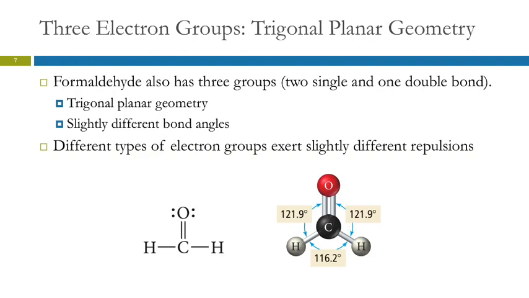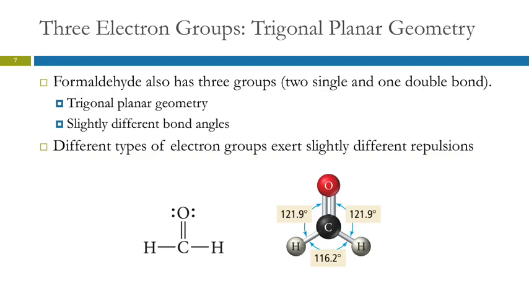It's bigger, bulkier, it takes up more space. So you can kind of imagine if one of the balloons was larger, it would push the other 2 slightly closer together. So we see in this molecule that this angle is a little larger than 120, and this is larger than 120, and then this angle between the 2 single bonds is a little smaller.